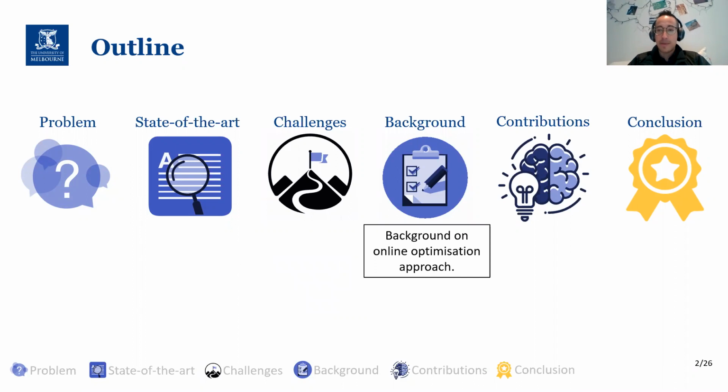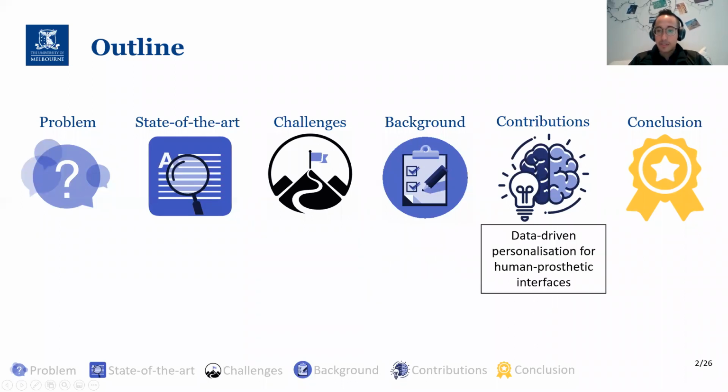I'll give a bit of background on online, data-driven optimization, which is the method we went with for solving some of those challenges that I'll mention later. And then we'll go through the contributions. There's quite a bit of experimental work, since we're dealing with humans, there's not a lot that we can simulate.